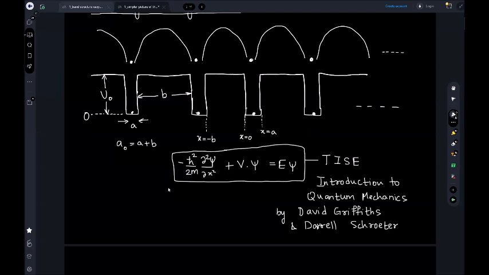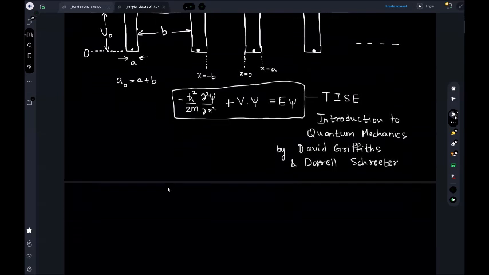So firstly, coming to the region that lies between 0 and A, I'm going to write the Schrodinger equation. I'm going to call the wave function psi A in this region.